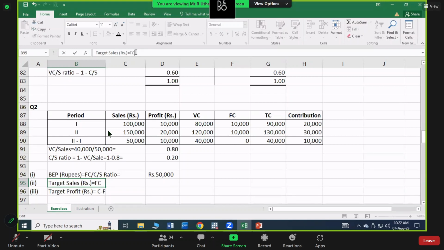You can apply the fixed cost plus target profit, over the CS ratio.